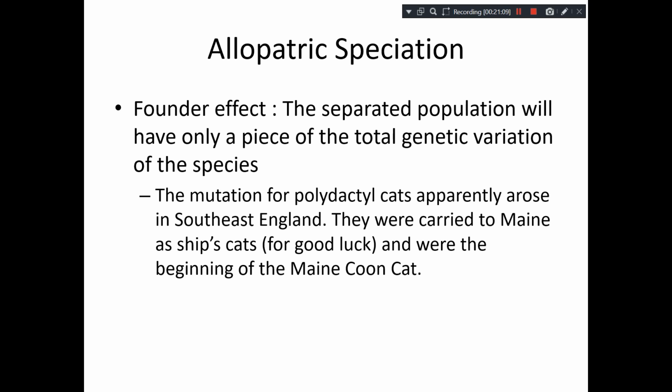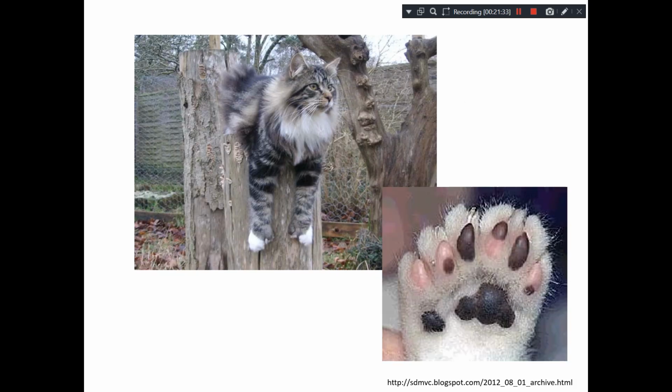They carried the cats to Maine as ship cats and left them on islands, and that is the beginning of Maine Coon cat formation. As a result, a new breed of cats, what is called Maine Coon cats, formed in this isolated population.